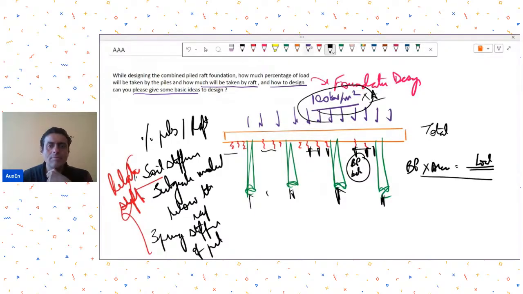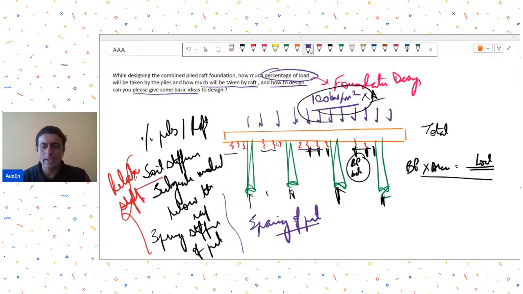So basically the percentage will depend on your conditions, that is, in your case, what is the subgrade modulus of the soil and what is the pile spring stiffness. It will also vary on the pile spacing that you have adopted. So whatever spacing of piles you have adopted, that will also be an important aspect in figuring out how much percentage of load is being resisted by piles and how much of it is being resisted by raft.